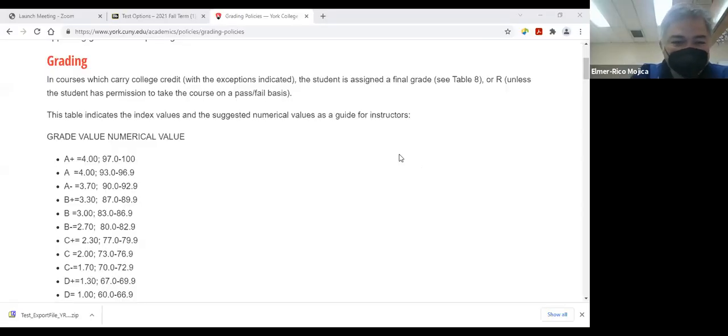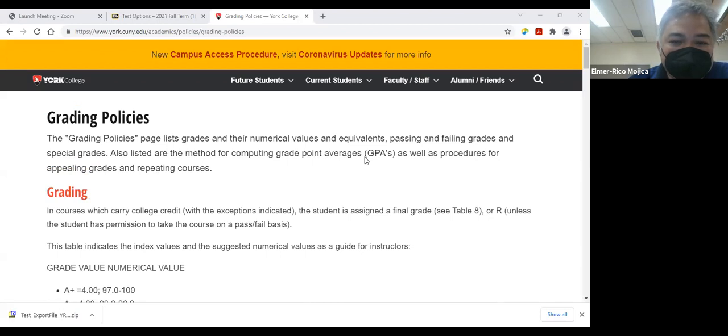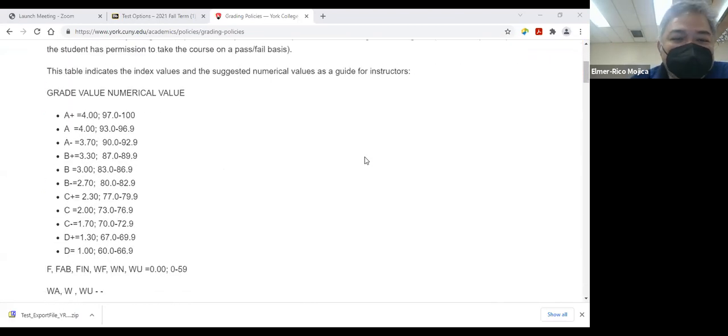So if you are interested because you really want to get an A, which I always tell my students not to be after the grade because you end up frustrated, this is the grade numerical value. This is based on the York College grading. We don't put it in the syllabus because it's understood that we follow the grading system of the college.